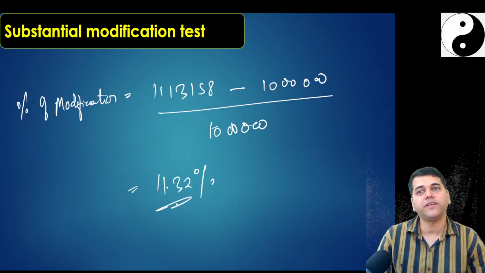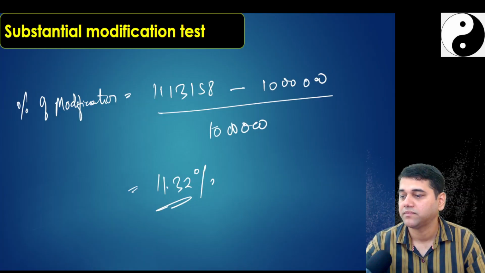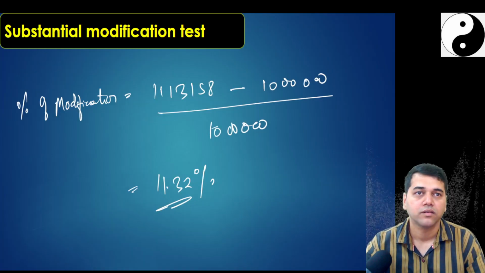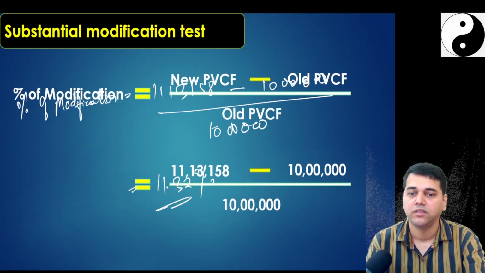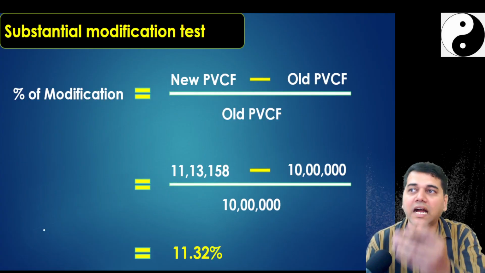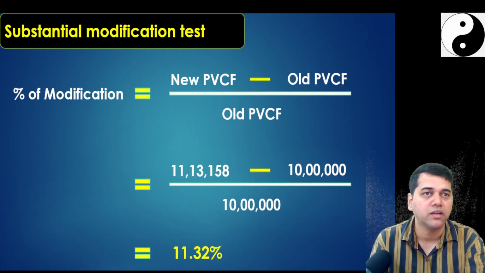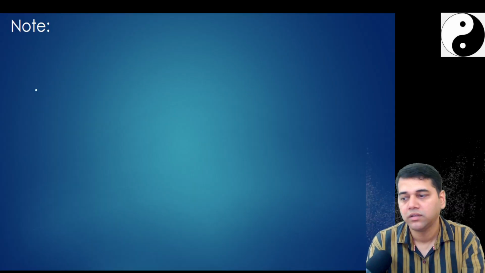Oh, so the modification happened for more than 10%. That's very substantial. It's substantial. Now we will write one note, because they asked me to analyze. No, simply I cannot do this working. I have to tell exactly. Otherwise my communication is incomplete.